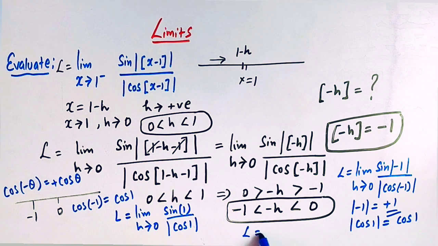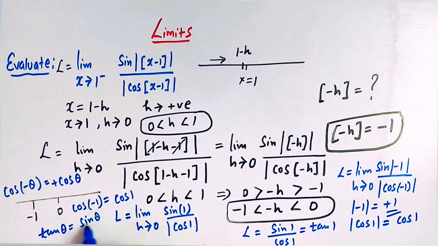So we can now write this limit L as sin 1 divided by cos 1, that is equal to tan of 1, because tan theta is equal to sin theta over cos theta, and when we take theta equal to 1, we get tan of 1 equal to sin of 1 over cos of 1.